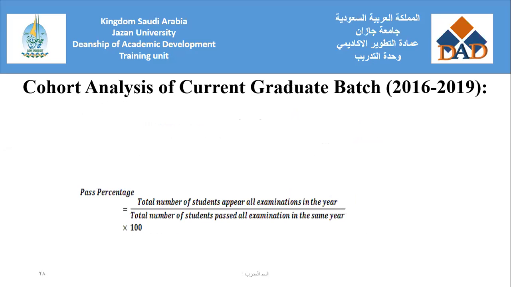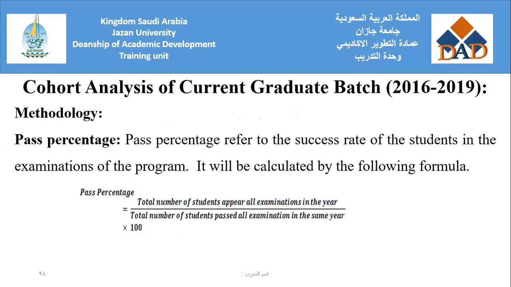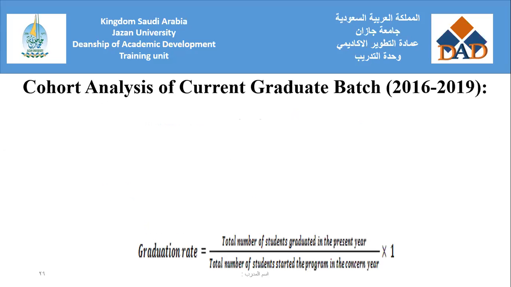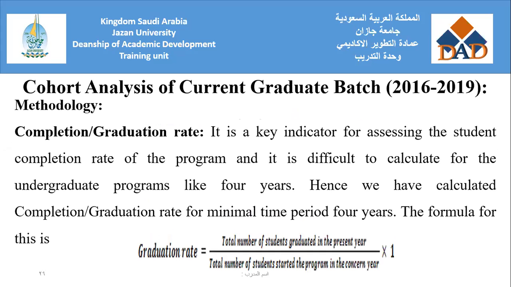And the next one, we have taken pass percentage: total number of students who passed all examinations in the first year divided by total number of students who appeared, times 100. And the next most important one, graduation rate. It is a key indicator for assessing the student completion rate for the program. It is difficult to calculate for undergraduate programs like 4 years.